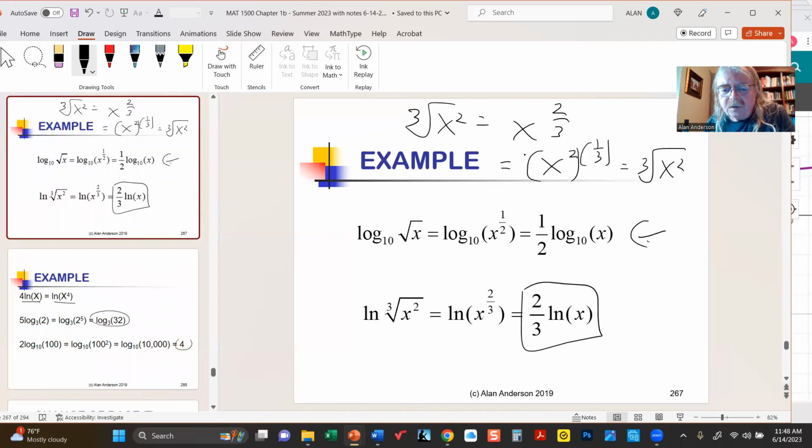And you might remember the rule that if you have a to the m power all raised to the n power, you end up with a to the m times n. And that's what's happening here. X squared raised to the 1/3 power is the same as x to the 2/3 power. And we write that as the cube root of x squared. So that's why this is equal to this.